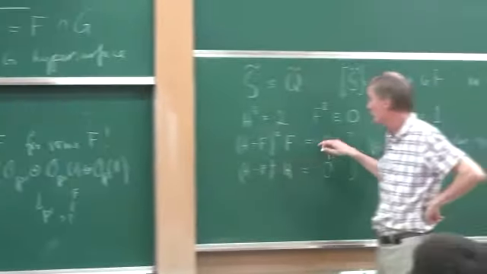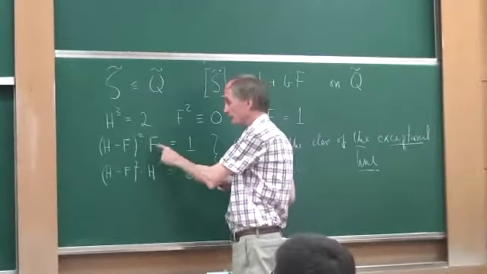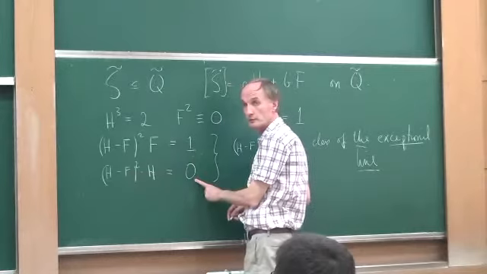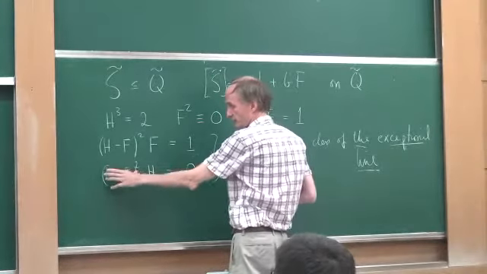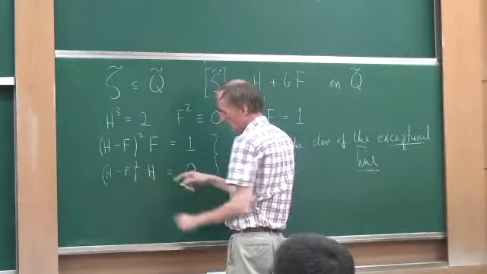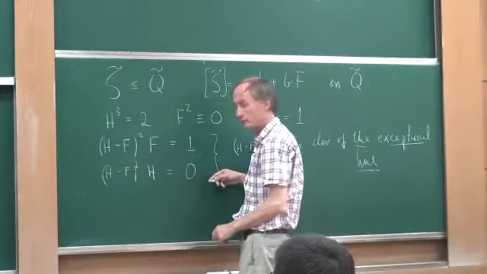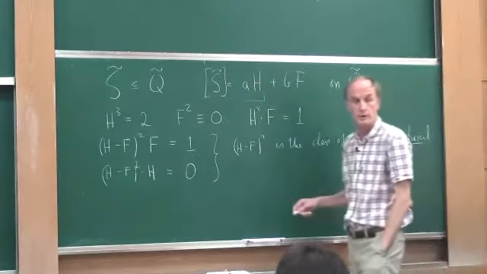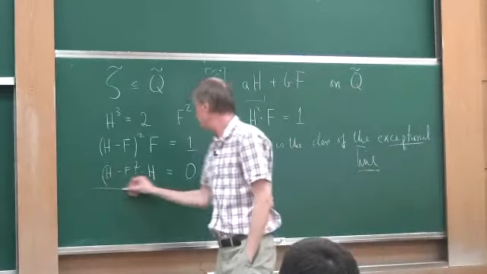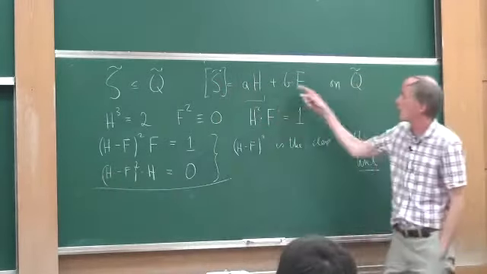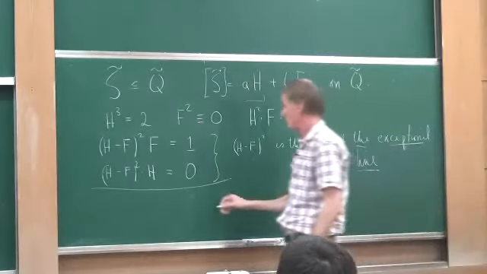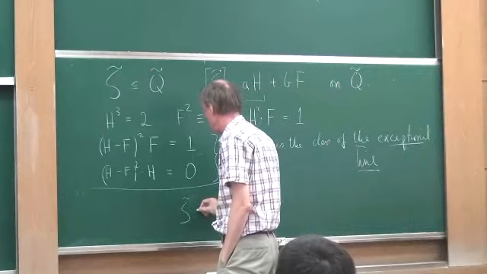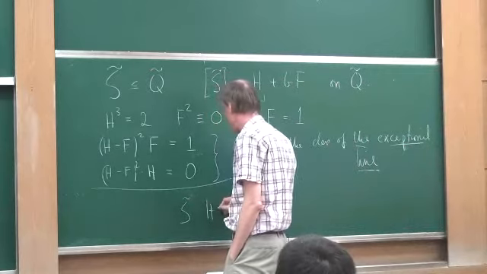It has degree 1, it intersects all of these in one point. And it is collapsed when you go down. H minus F squared, this curve, intersected with a hyperplane is nothing. So it's collapsed. Okay? Now I can go back to the surface and see what happens if I multiply this surface with H minus F squared.